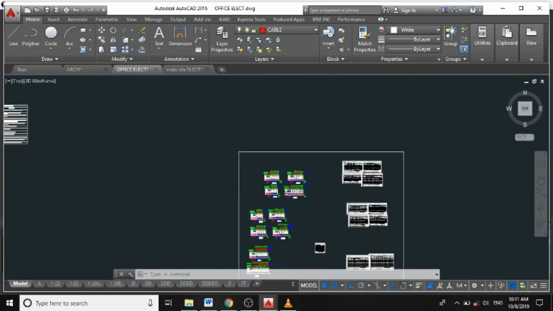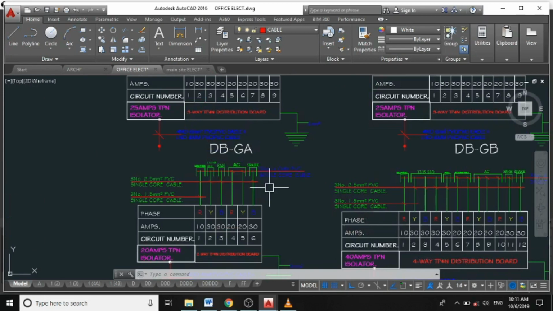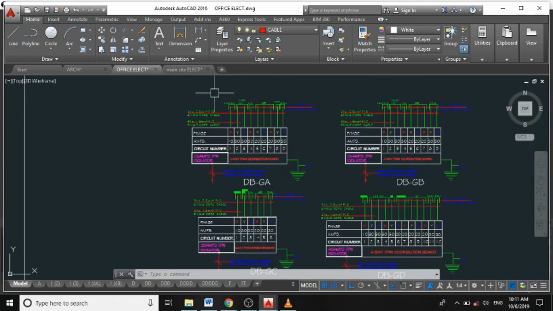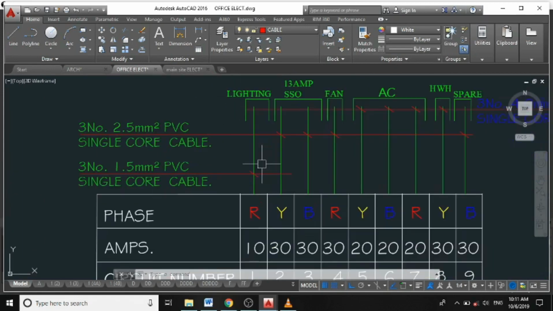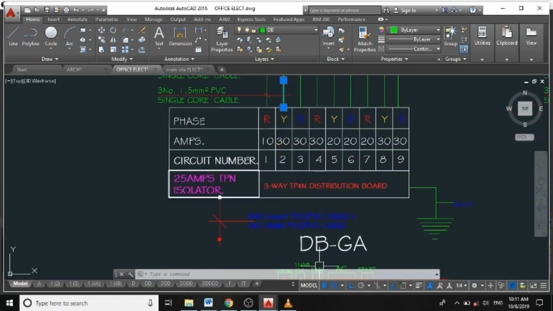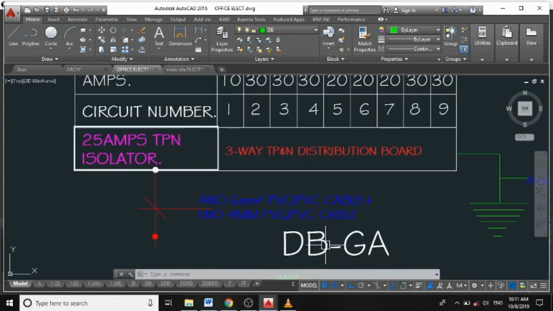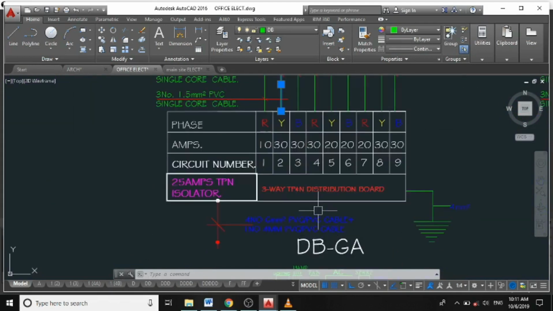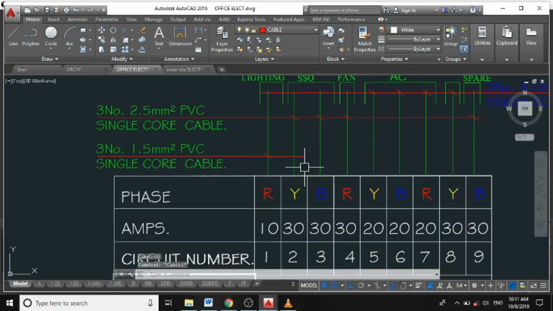Then we'll have to go to how our panels are being arranged. Let's take this panel as a case study. As I explained in my lighting system design, we're having only a single circuit for my lighting system and to be wired with 1.5. But for my 13 ampere socket or my 15 ampere socket, we have this circuit, which will be G2, circuit G2, because this is a distribution board GA. So it will be my circuit A2.